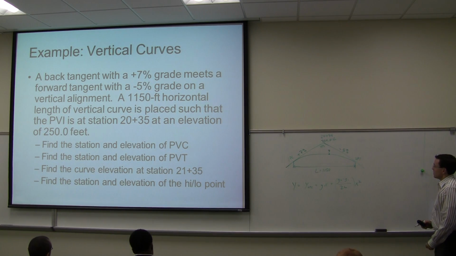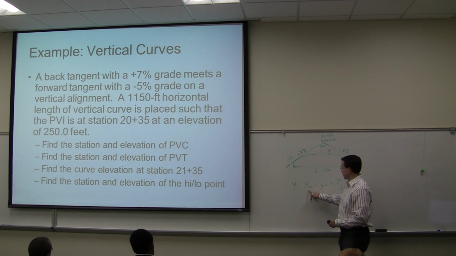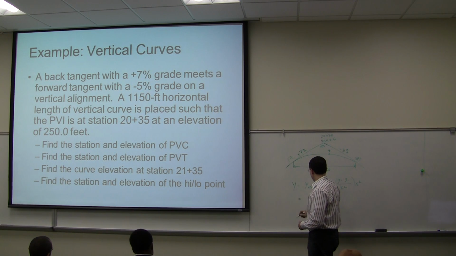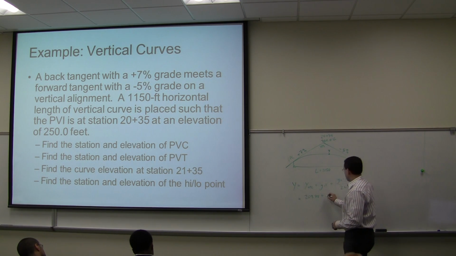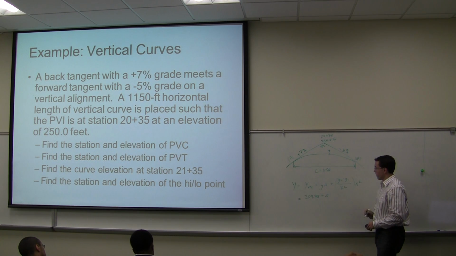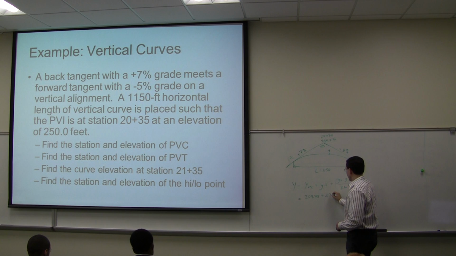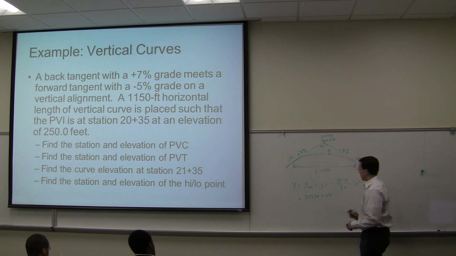So we just calculated the elevation of our VPC. What was that? 209.75. G1 X, so 0.07, and we do keep the signs on our grades in this equation, so we've got positive 0.07. What is X?